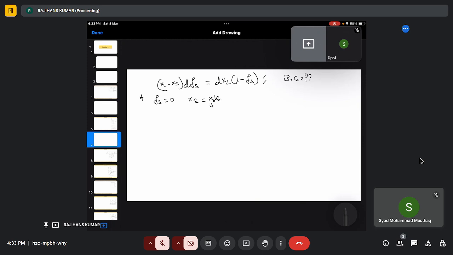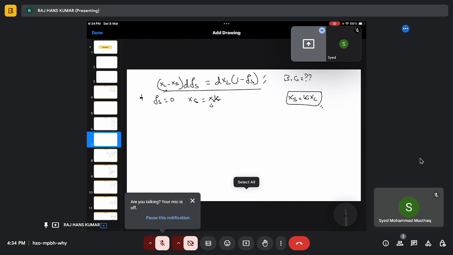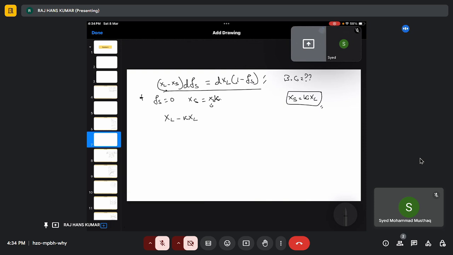Now let's do this one. We know Xs equals Kxl. This is one thing we have assumed, the partition coefficient. Now if I substitute that here, Xs will be XL minus KXL. This will be my DFS. Now we will have DXL, 1 by Fs.